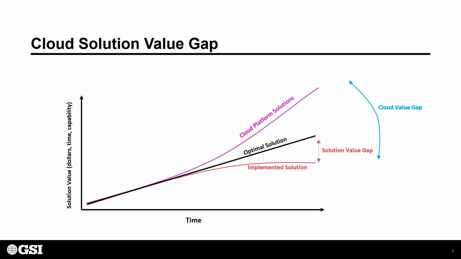Which brings us to a concept that you may have run into before, and it's applicable not just to the reporting side of cloud ERP infrastructure, but all of the application set, and that's the cloud solution value gap. Conceptually speaking, what this is meant to indicate is that with time, a client's implemented solution generally stagnates to a certain degree.